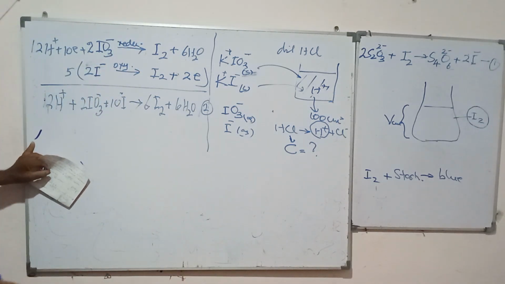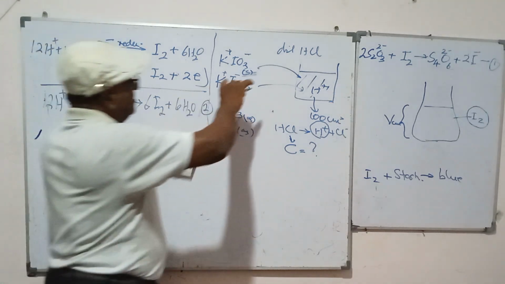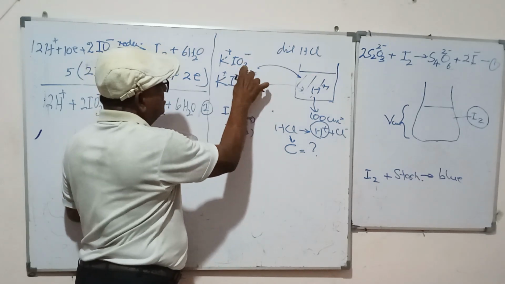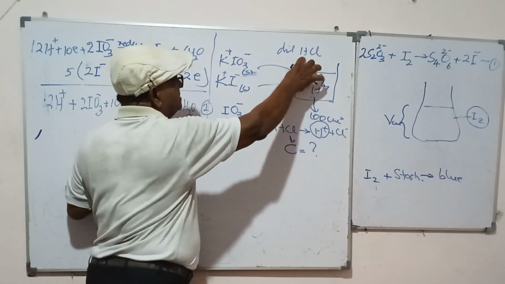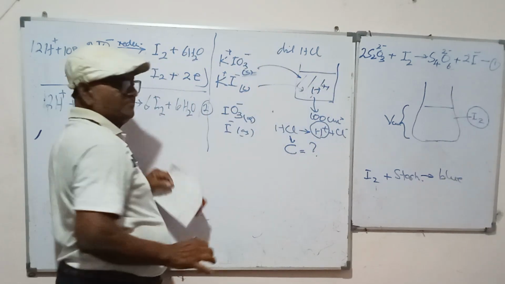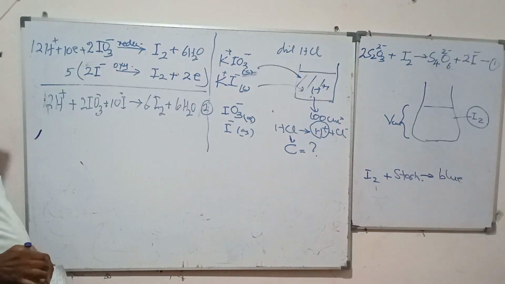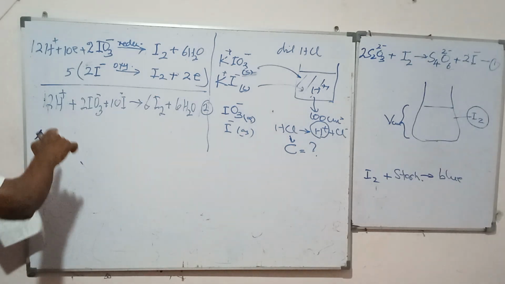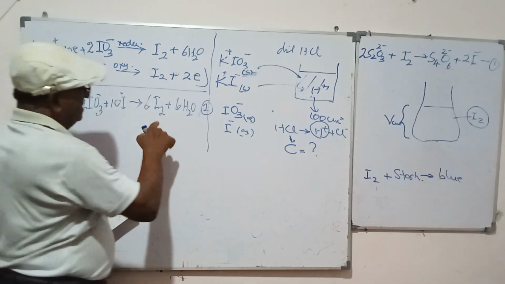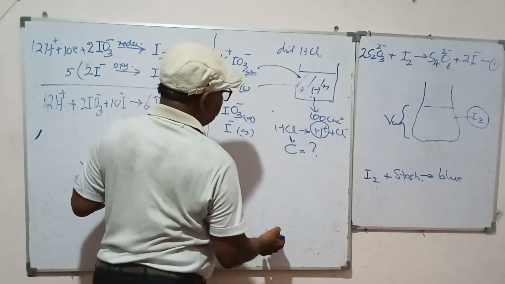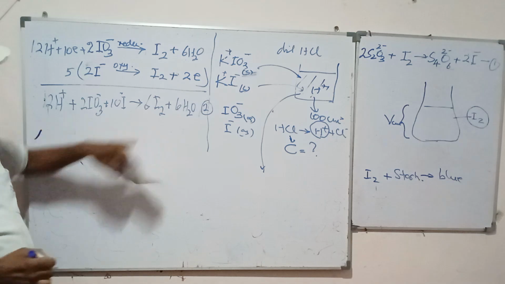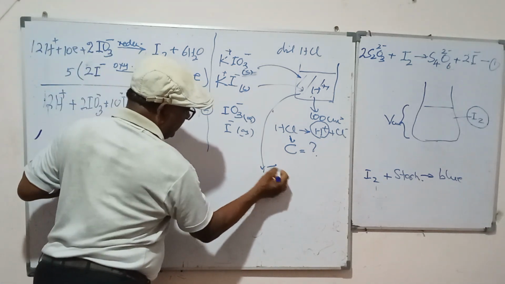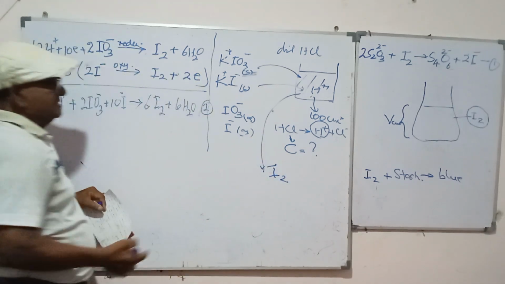The reaction occurs after the addition of KIO3 and KI in solid form to the HCl solution. Right? Now, in the HCl solution, what are the products? That solution now contains I2 plus water.